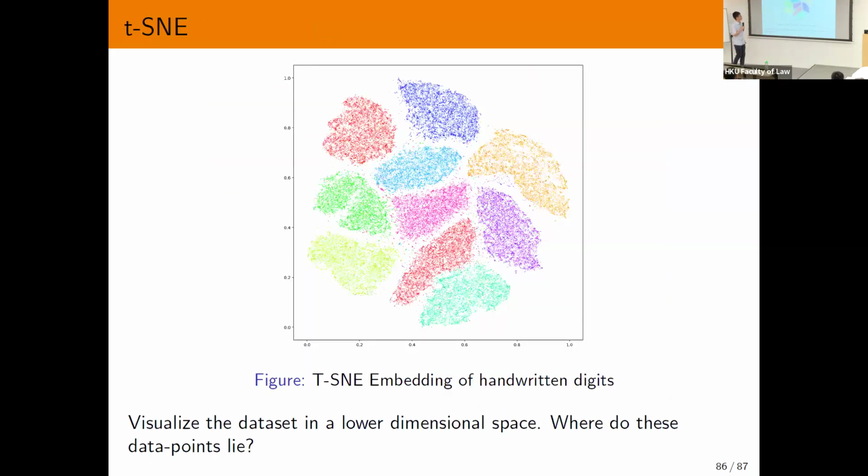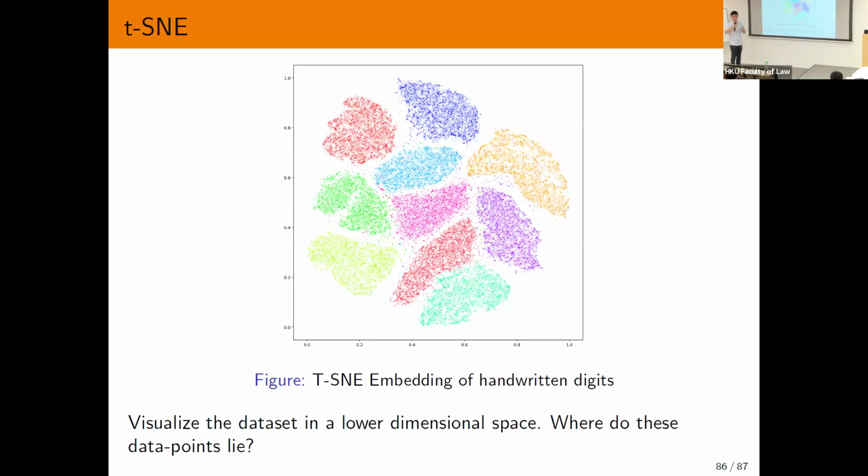Here's another one, which uses spatial, geometric ideas. These are handwritten digits, like numbers that you write. They're represented as a black and white image of, say, 28 by 28 pixels, so they live in a very high dimensional space. The idea is that you take all these images and bring them down into a low dimensional space, maybe 2 by 2, and see what kind of space they occupy.